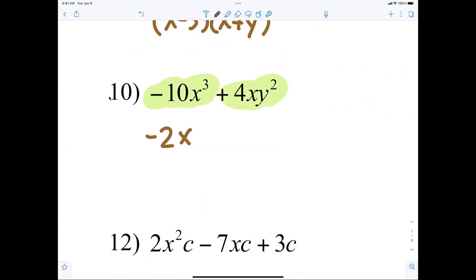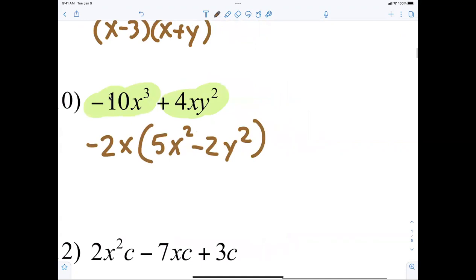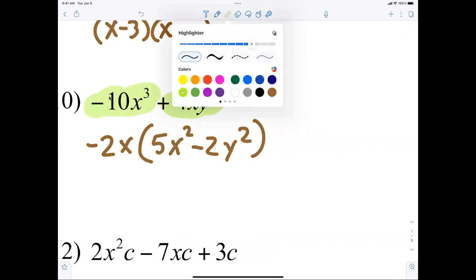Negative 2x. Everybody with me on that? Divide numbers. What's negative 10 divided by negative 2? 5. X squared. 4 divided by negative 2.